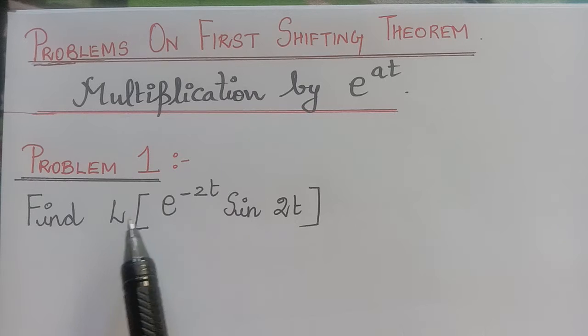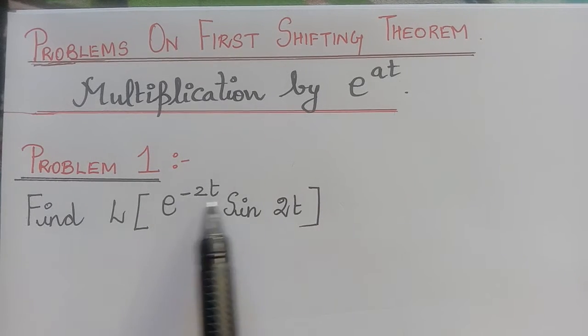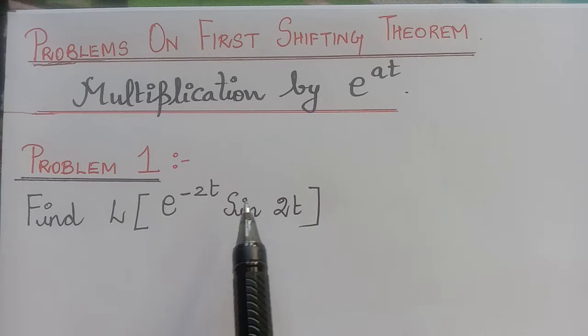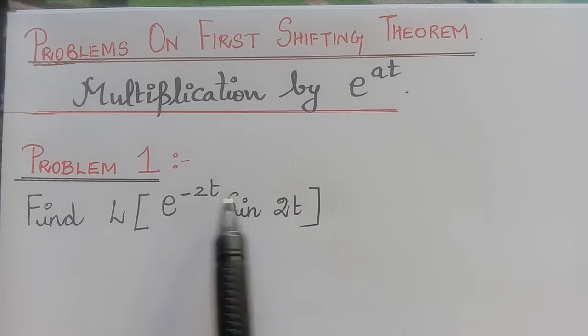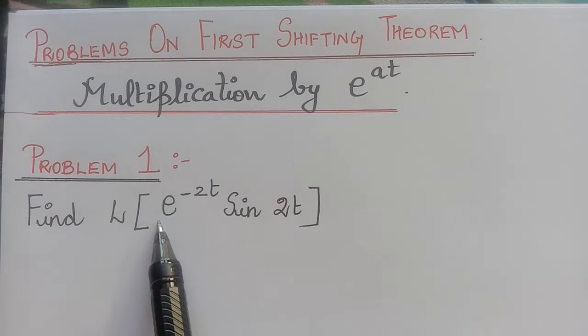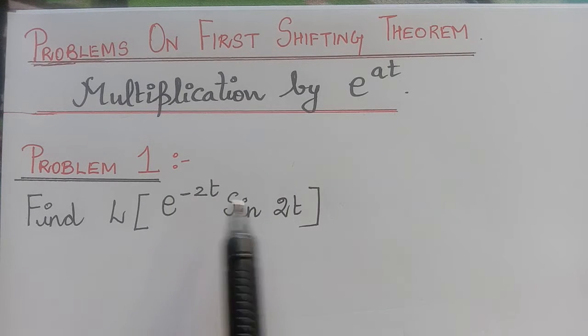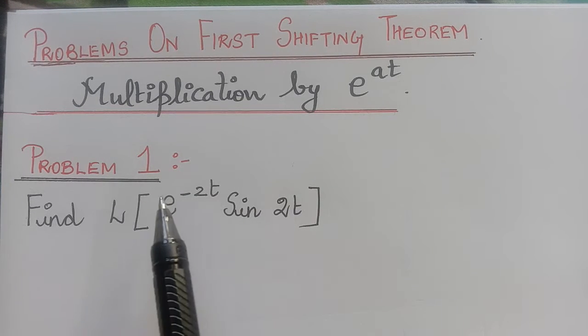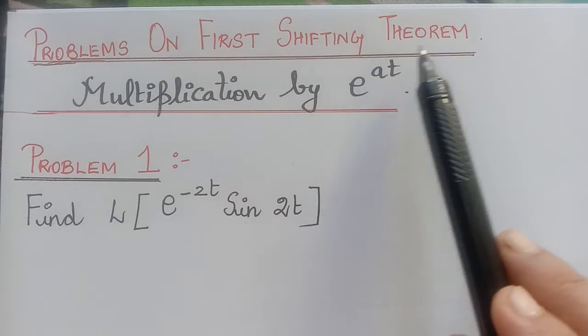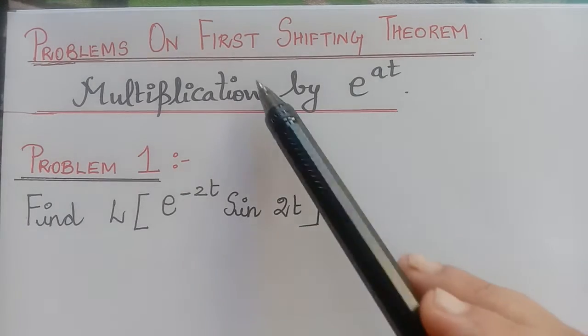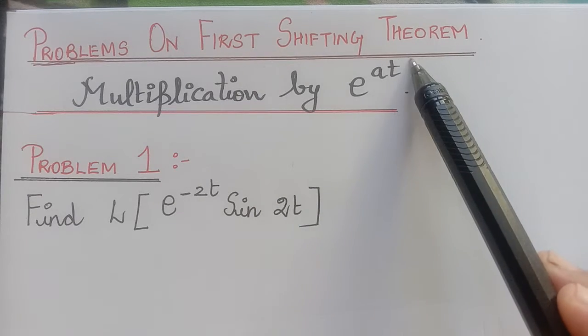Whenever you have the Laplace transform of a product of two functions, then you have to apply the theorems on Laplace transform. In particular, when the product has one of the terms as e to the power negative at or e to the power at, then we have to use the first shifting theorem. In our previous video lecture, we derived the first shifting theorem.